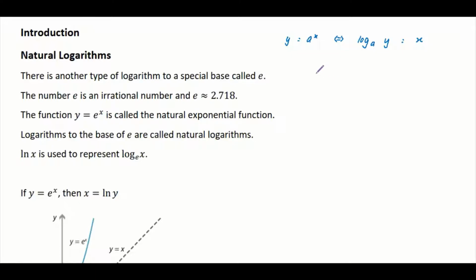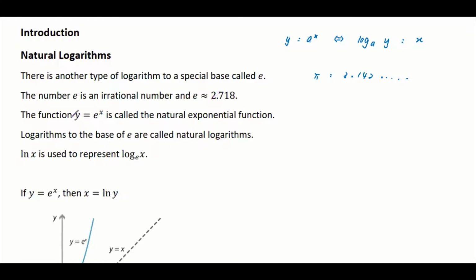So for example, you know that pi equals 3.142 and so on, right? So pi is an irrational number also. So you should not feel like e is something very difficult to understand. You just remember that e is basically a number with infinite decimals, and it's actually just a constant.